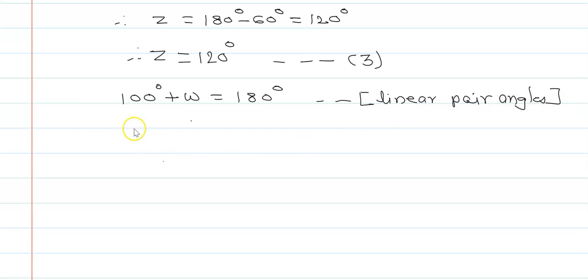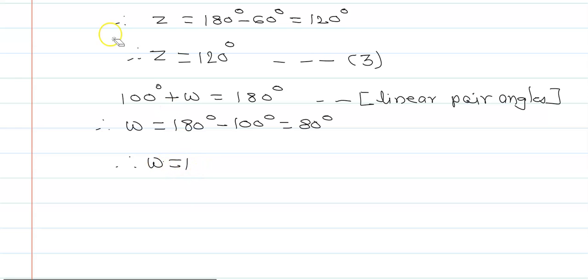And therefore, you will get W is equal to 180 degree minus 100 degree, and that's equal to 80 degree. Therefore, W is equal to 80. And this is the fourth one.